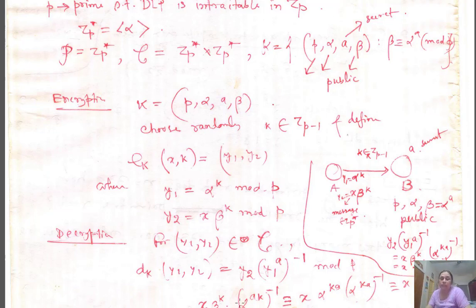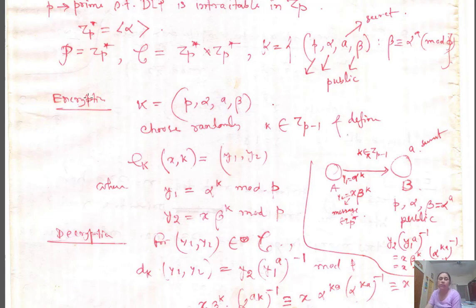So when Alice encrypts a plaintext x, she chooses a random k from Z(p minus 1) and sends alpha to the power k and x times beta to the power k, working modulo p. While encrypting, Alice uses Bob's public key p, alpha and beta.